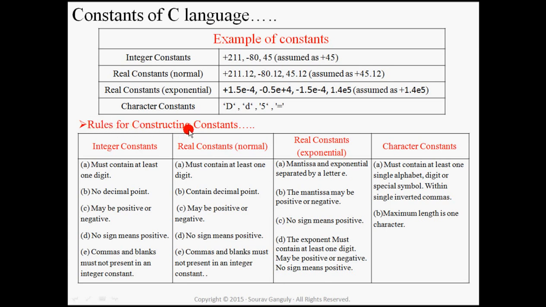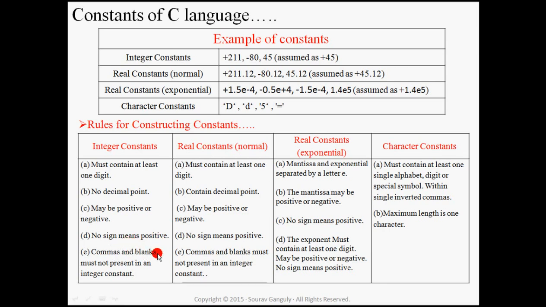Now come to the rules for constructing constants. For the integer constant, the rule is this: the integer constant must contain at least one digit, no decimal point, may be positive or negative, no sign means positive.